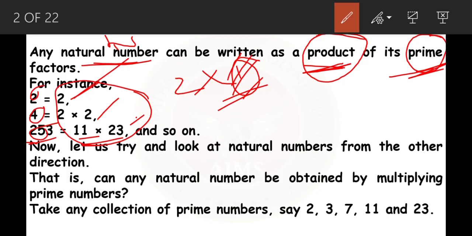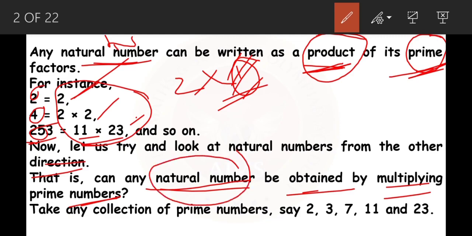Now let's look from the other direction, in reverse. The question is, can any natural number be obtained by multiplying prime numbers? Previously we said a natural number can be written as a product of prime factors, like 2, 4, 253. Now the question is whether any natural number can be obtained by multiplying prime numbers.